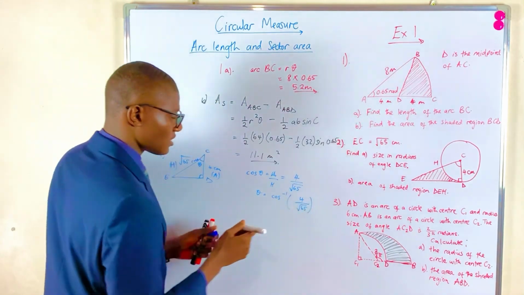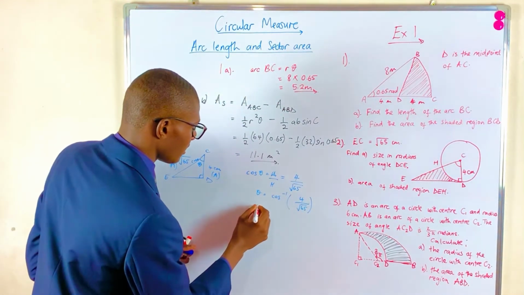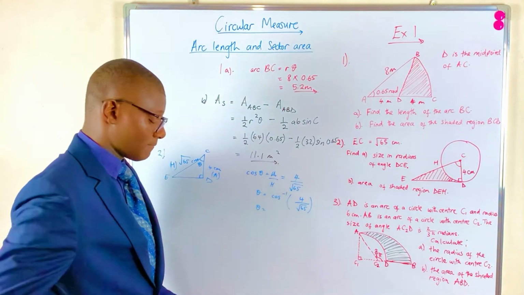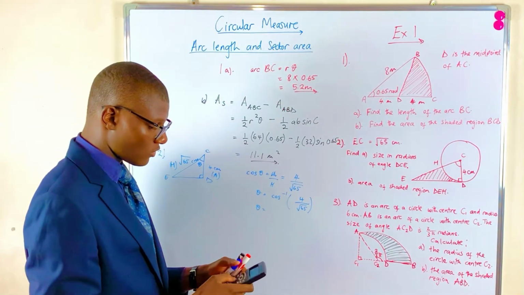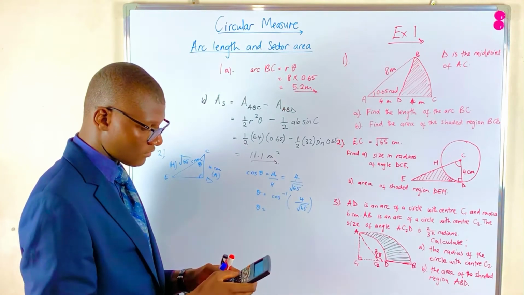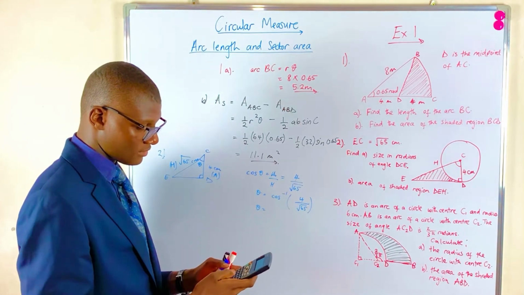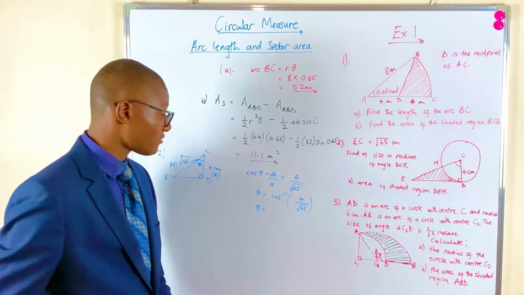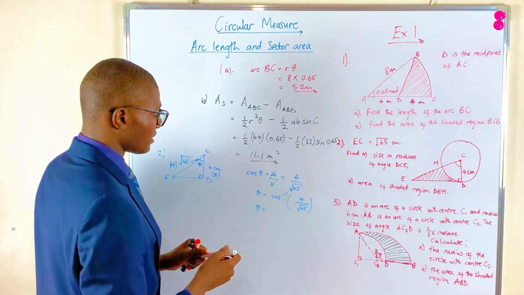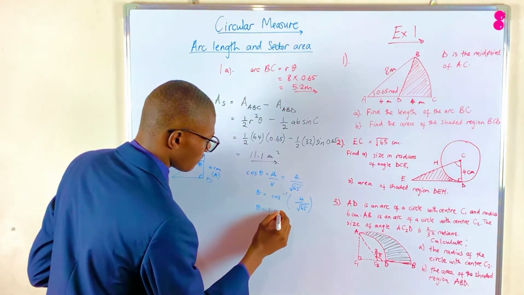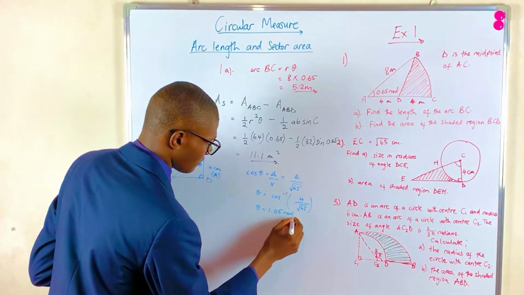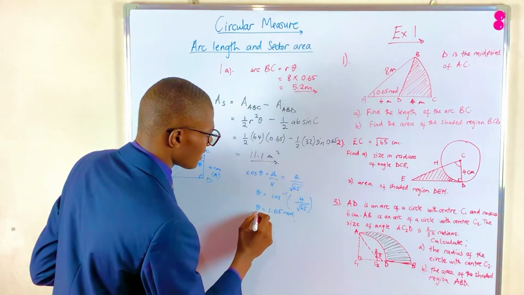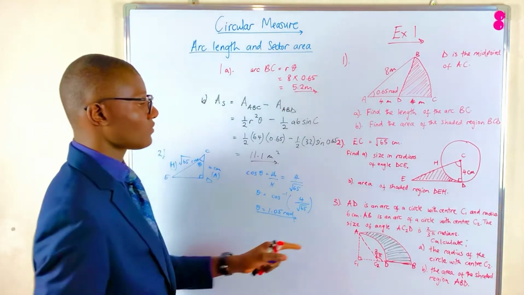This is how we are going to find our theta, and theta will be equal to the cos inverse of 4 over root of 65, that will be equal to 1.05 radians. This is the size of this angle.